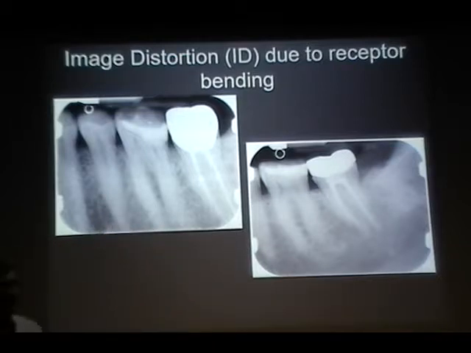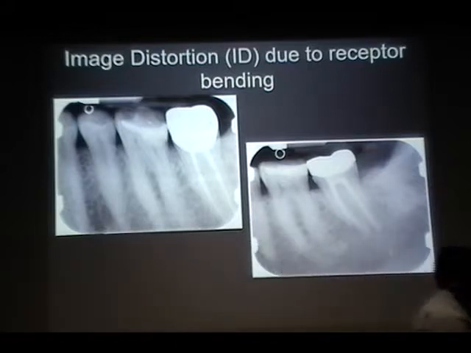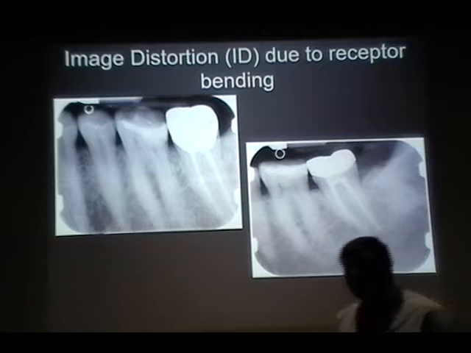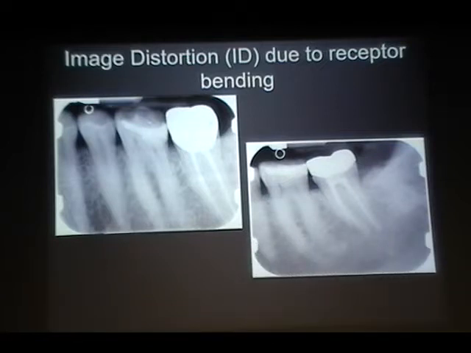With the digital sensors, because it's like a solid rock in the patient's mouth, you cannot bend. So we are not going to see this, but you may encounter it if you are going to use film or PSP plates. Those are the same teeth, right? Yes. You can see the difference. That one is elongated, this one is not.